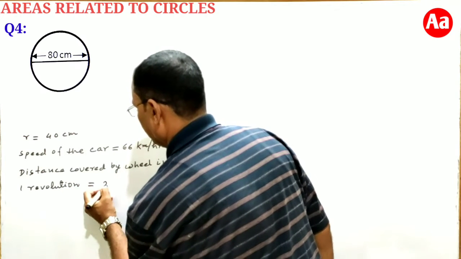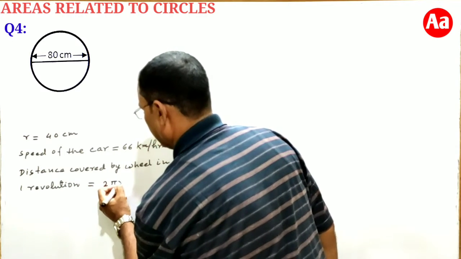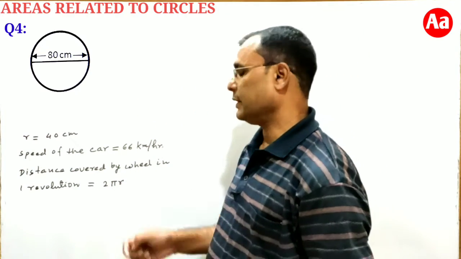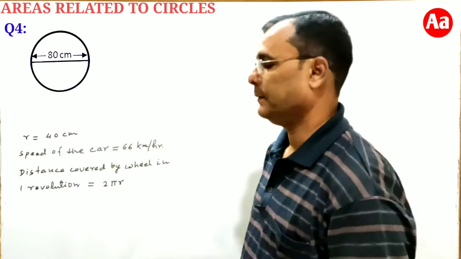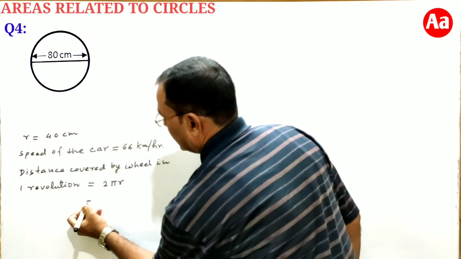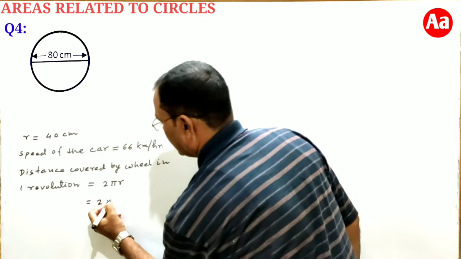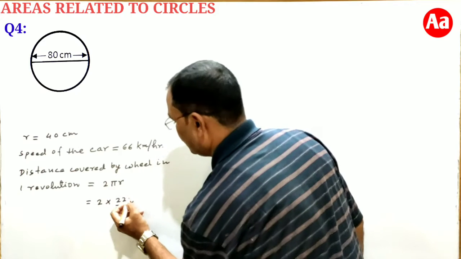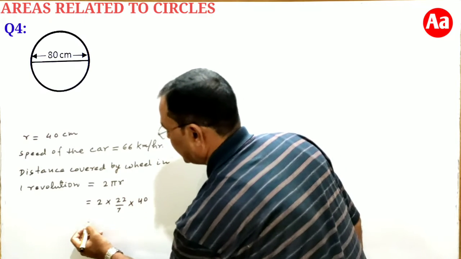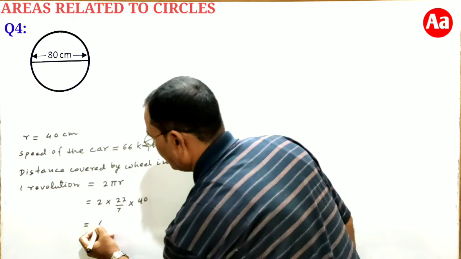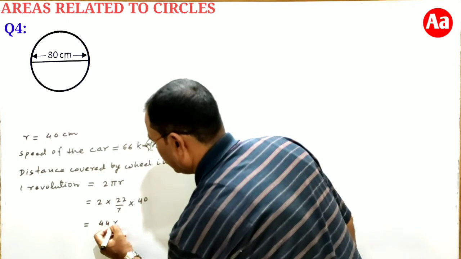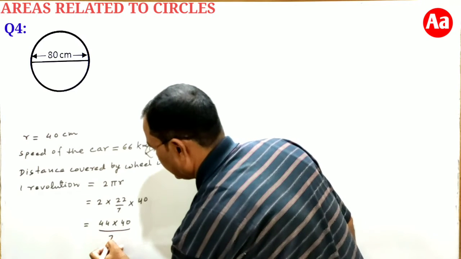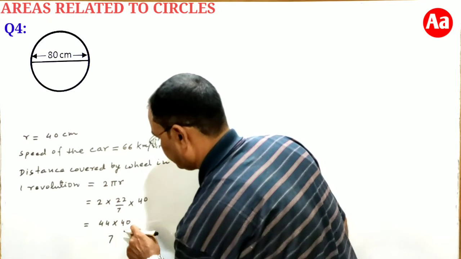That will be equal to perimeter of the circular wheel, or we can say that will be equal to circumference of the wheel. So 2 into 22 by 7 into radius 40 centimeter, which is equal to 44 into 40 by 7 centimeter.